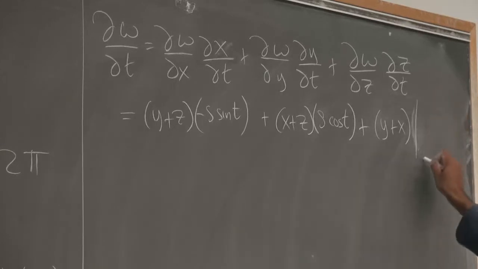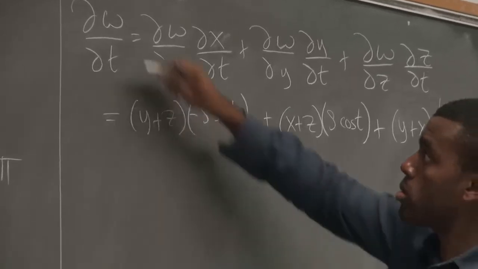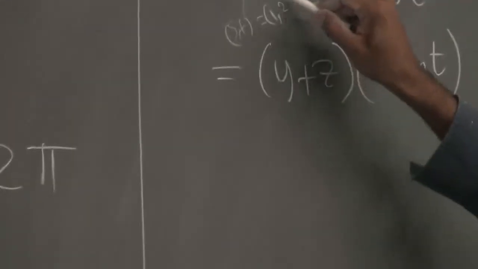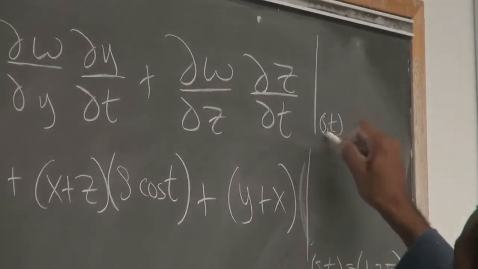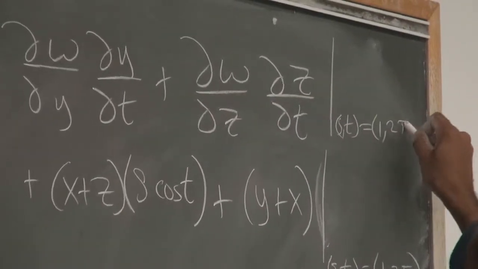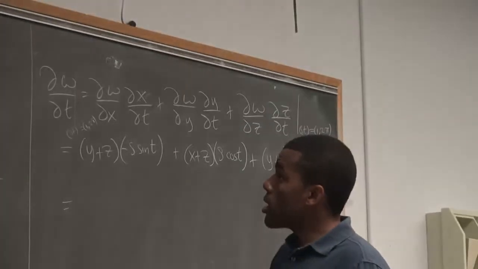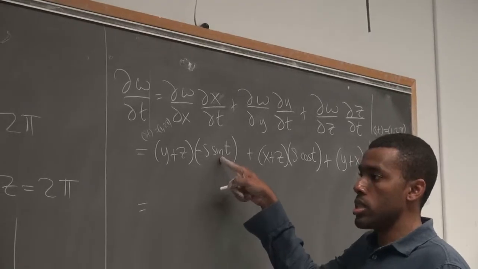I want to evaluate this at s, t. Plug these in. Our y was 0, z was 2 pi. Well, this is 0 because of the sine.